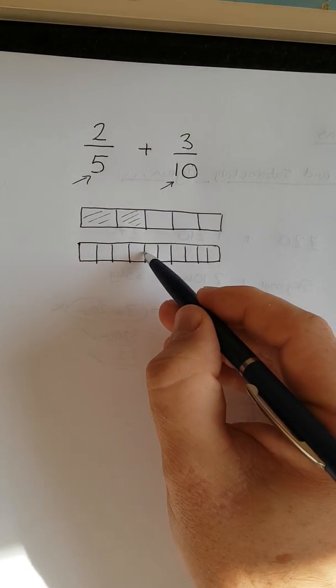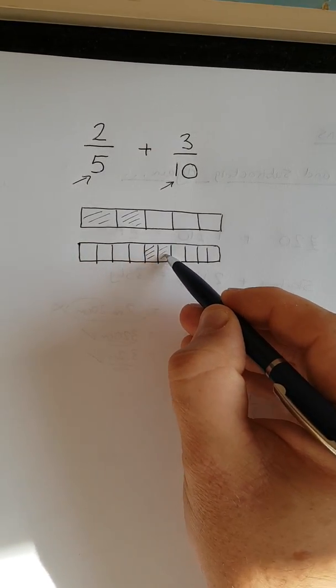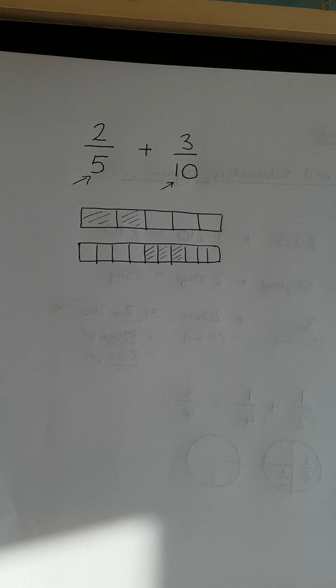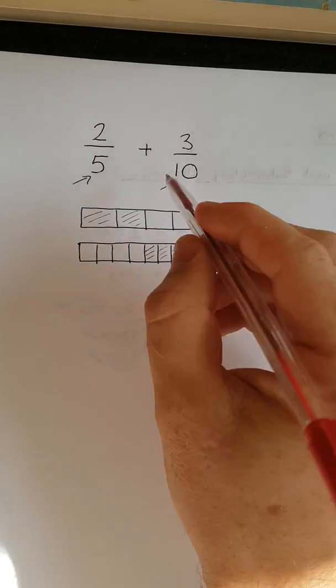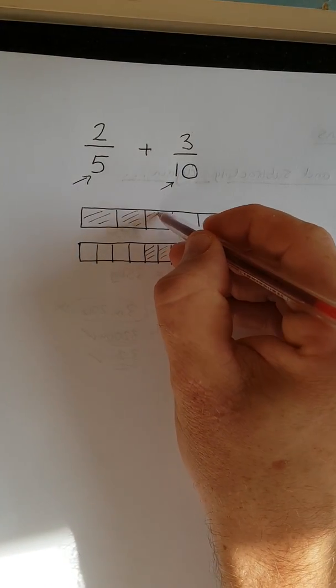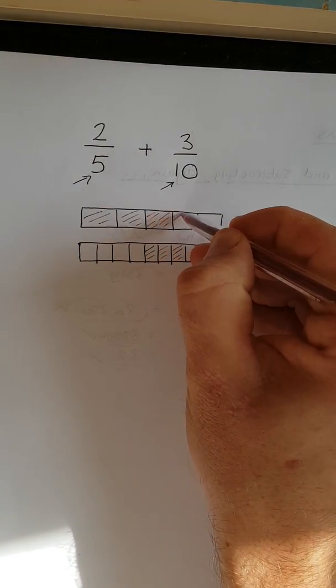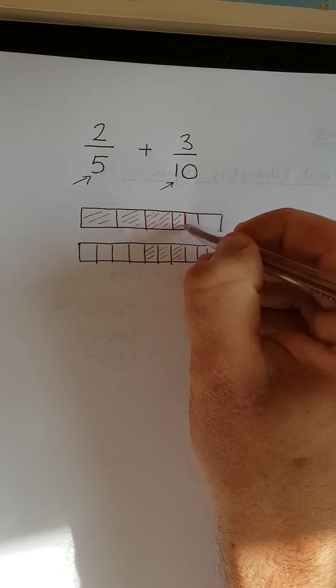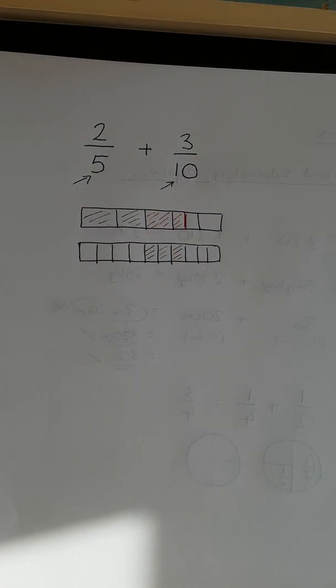To make this easier to see, I'm going to draw my 3 pieces over here. You can see the pieces are not the same size. So in describing my answer, I'm going to have difficulty. If I take these 3/10 and I draw them up here, they come to there.